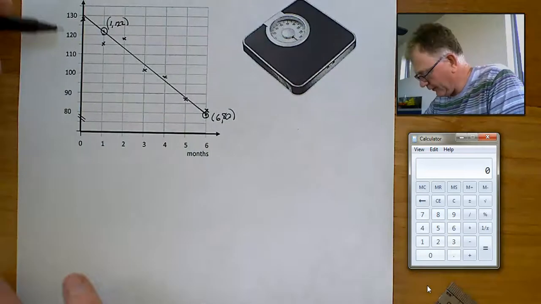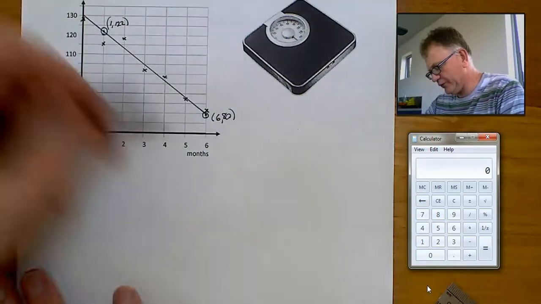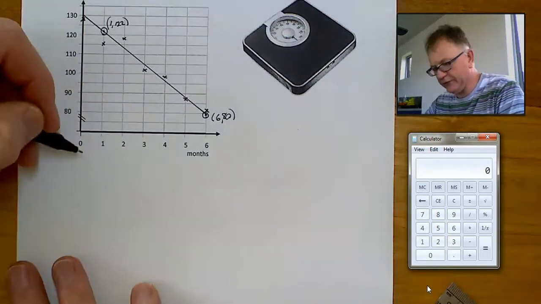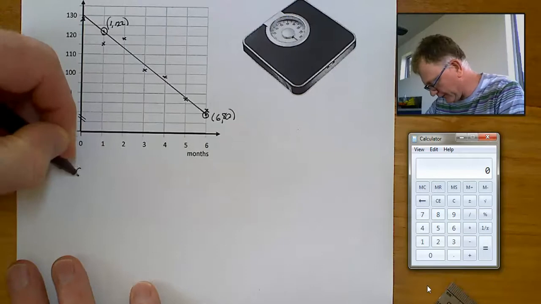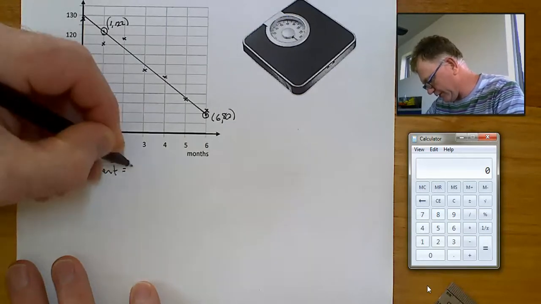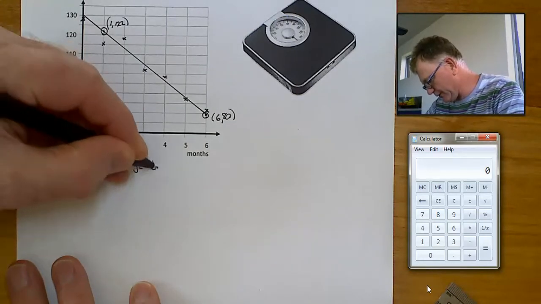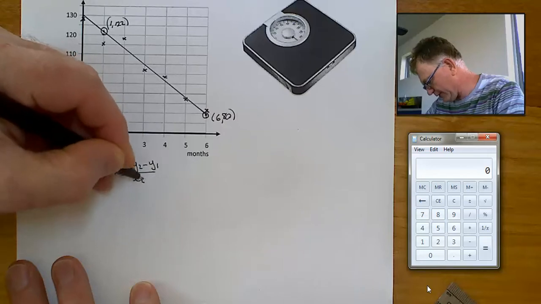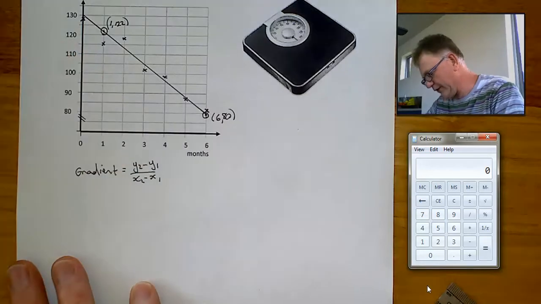That's better. So let's work out the equation joining 2 points can be found in 2 steps. First of all, we'll work out the gradient between those 2 points. And we'll do that using the formula y2 minus y1 over x2 minus x1. The difference in the y's divided by the difference in the x's.